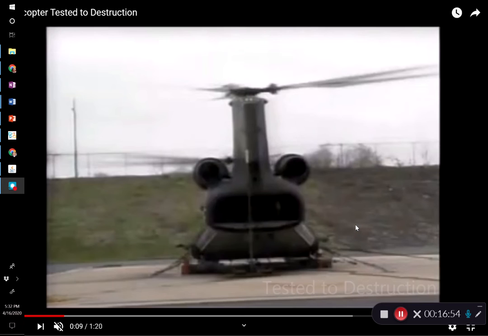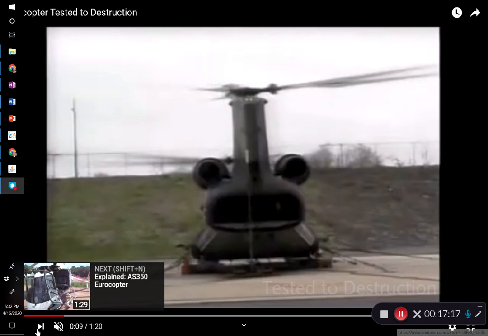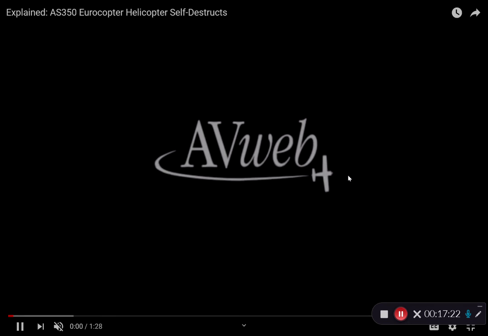And the act of strapping it down rigidly to the deck here actually will change the resonances, change the natural frequencies of the helicopter. And so it's moved the resonance of this helicopter structure to be closer to the operation speed of the helicopter.